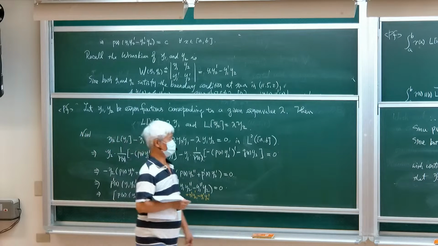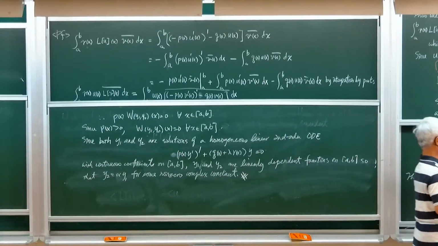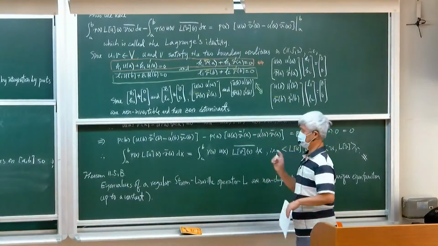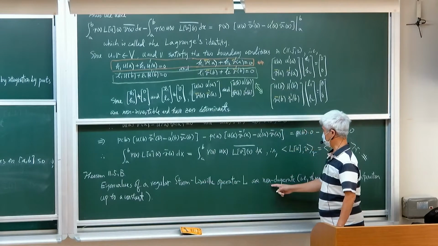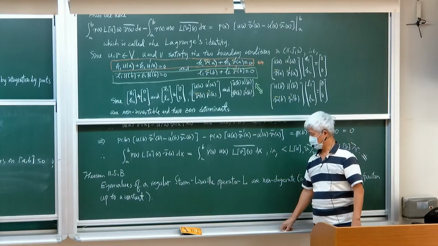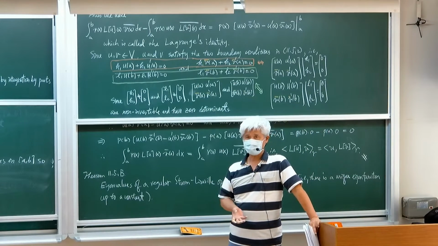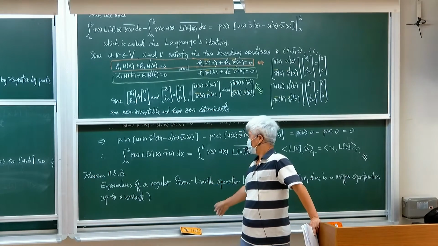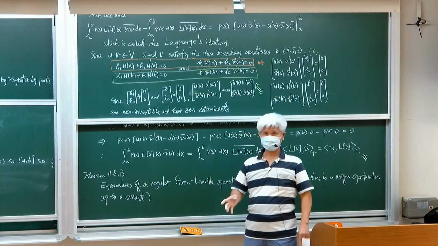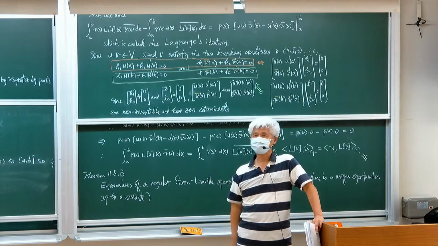So the corresponding eigenfunction is unique up to a constant. This phenomenon is called non-degenerate. So when an eigenvalue is non-degenerate, it means the corresponding eigenfunctions are proportional to each other.